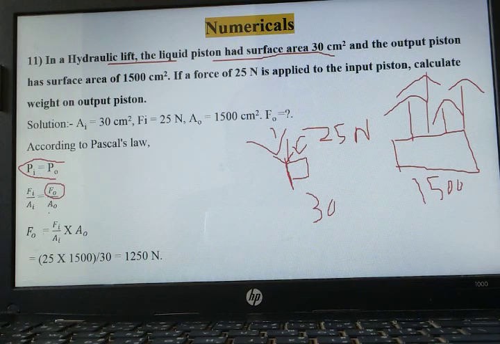So we will be taking this term over here, it will go in the numerator. So we will be getting Fi into A0 upon Ai. It can be written as 25 into 1500 upon 30. If we solve this, 3 how many times is 150? 3 5s are 15. So it will be 0. 125 into 5 is 125 and 10. So we will be getting the answer as 1250 Newton.